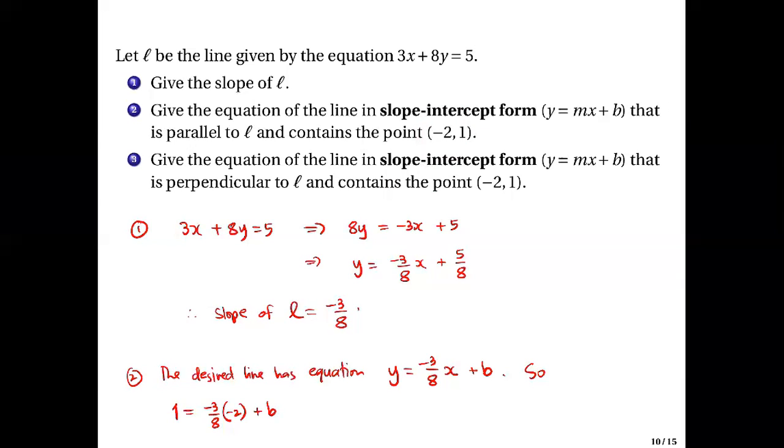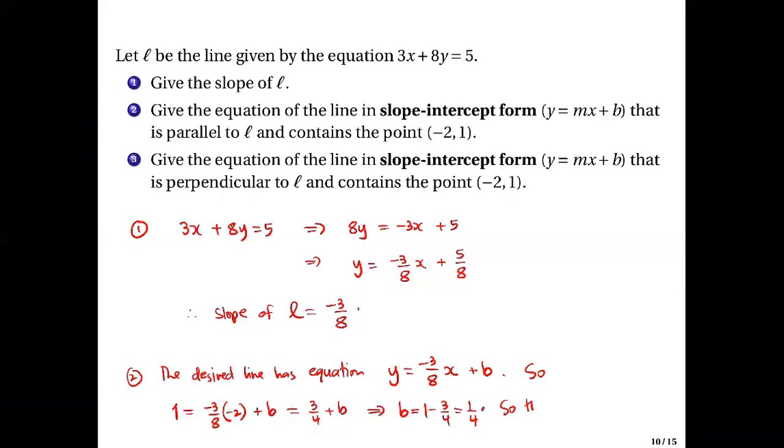So -3 times -2, that's 6/8. 6/8, that's 3/4. So this is 3/4 plus b, which means that b is equal to 1 minus 3/4, and this is equal to 1/4. Okay?